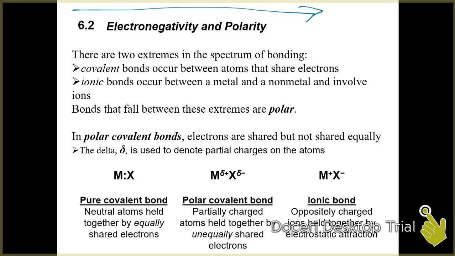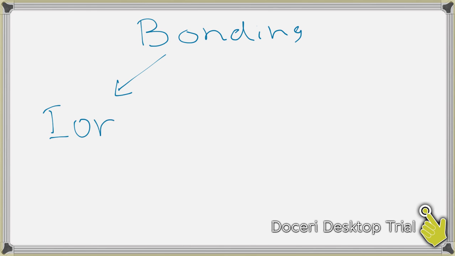So there is the covalent bond. Depending on how electronegativity is involved in the bonding, you can classify the bond as pure covalent bond, polar covalent bond, and ionic bond. So bonding: ionic bonding, and covalent, which is sharing.